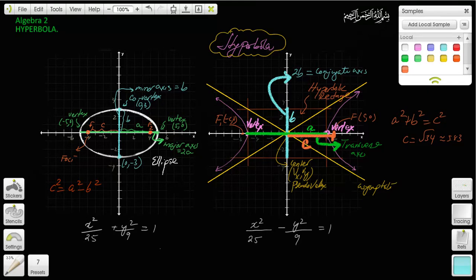The distance from the center of an ellipse to the vertex is A, and from the center to the co-vertex is B. And the relationship between A, B, and C, C being the distance from the center to the foci, is C squared equals A squared minus B squared. As you recall, I don't memorize those. I just imagine a triangle with C and B, and A is the hypotenuse of that triangle. So that's the relationship there.